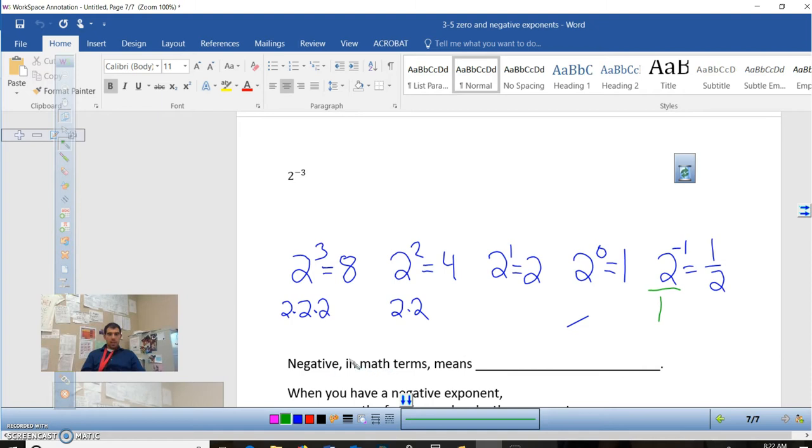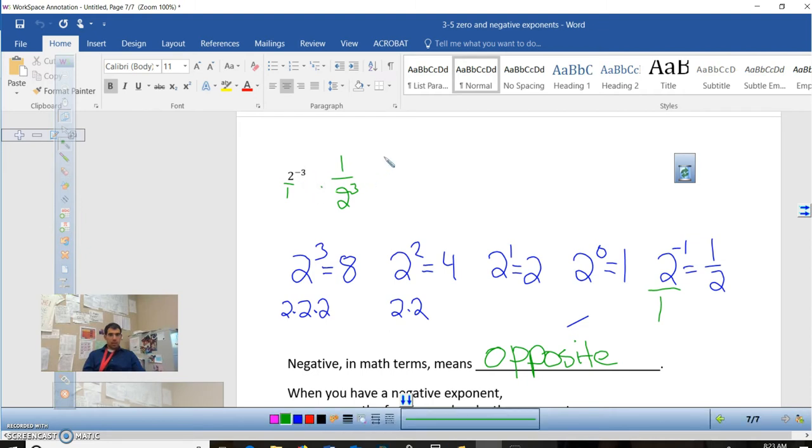So negative in terms of math means opposite. Remember, negative is opposite. So 2 to the negative third is 2 to the negative third over 1. So we flip it over and we make the exponent positive.